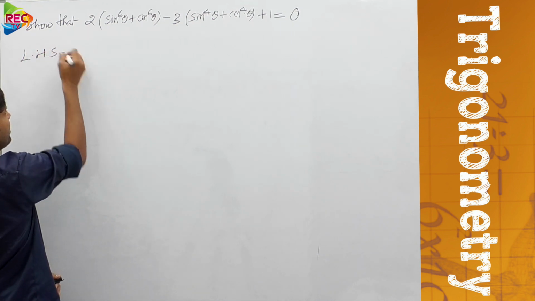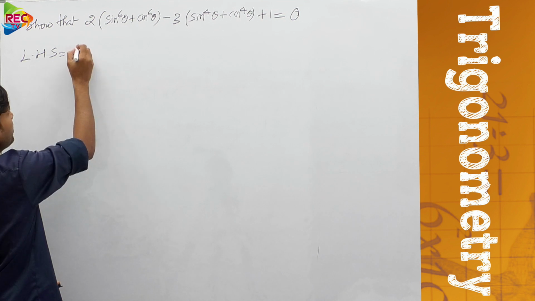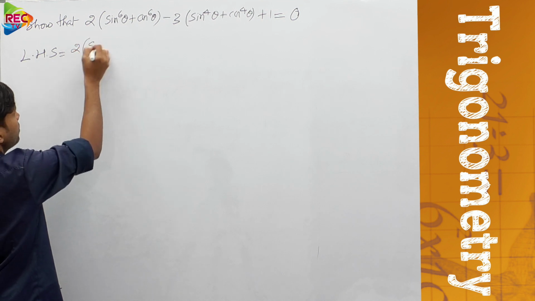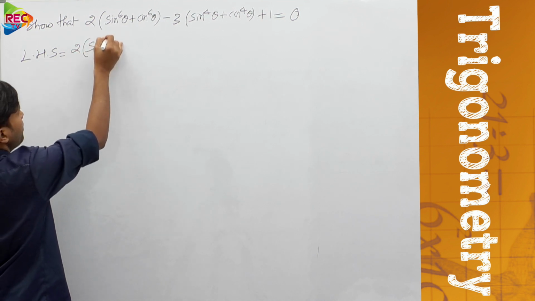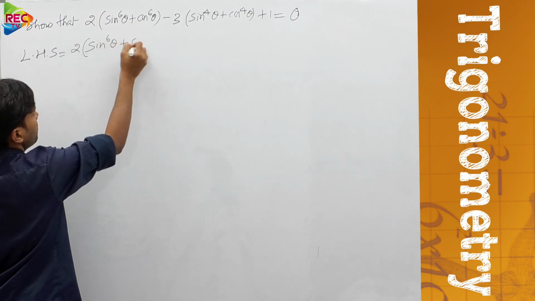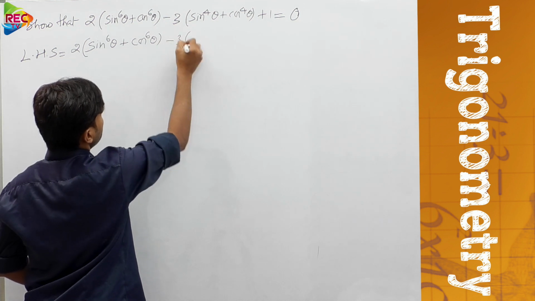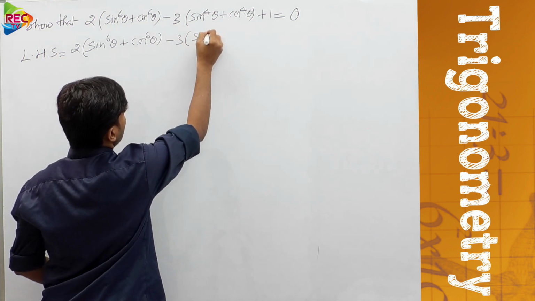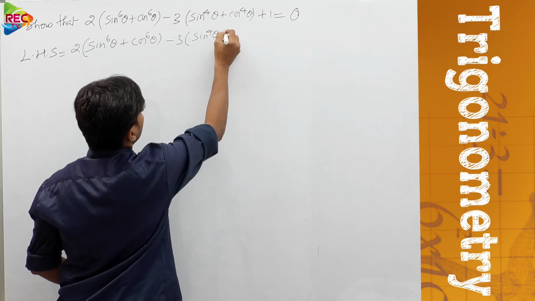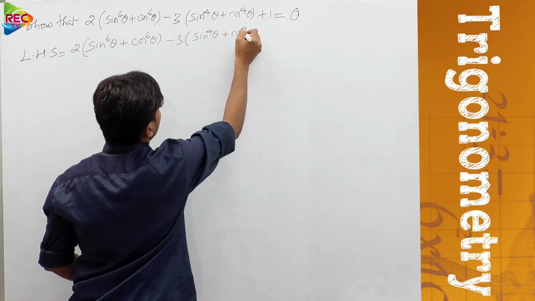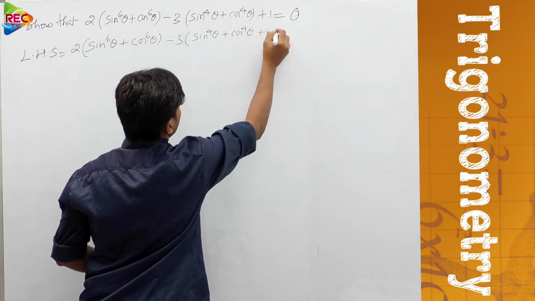I'm considering LHS. What is that LHS part? 2 into sine power 6 theta plus cos power 6 theta minus 3 into sine power 4 theta plus cos power 4 theta plus 1.